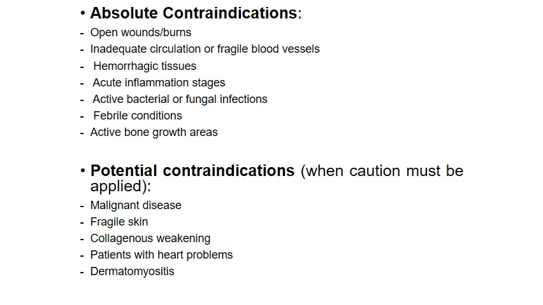So a no-no. Febrile conditions where the heart is unstable, then always, if there's a heart condition, let them consult with their doctor and refer when they see that they can have their massage. An area of active bone growth.